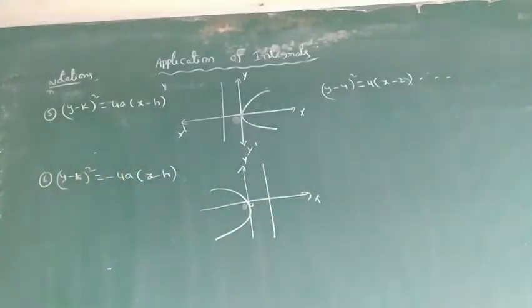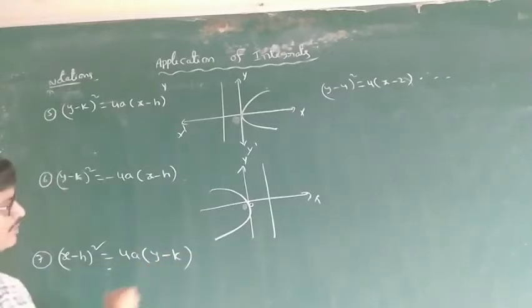Next, seventh one, x minus h whole square is equal to 4a into y minus k, where h comma k is the vertex.